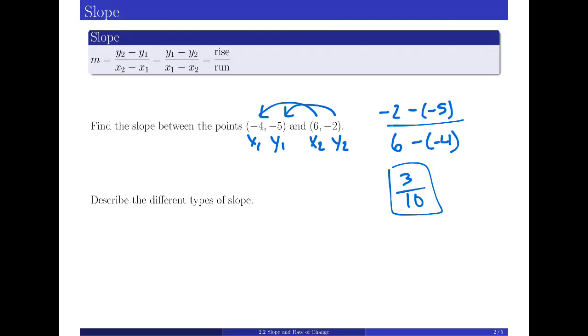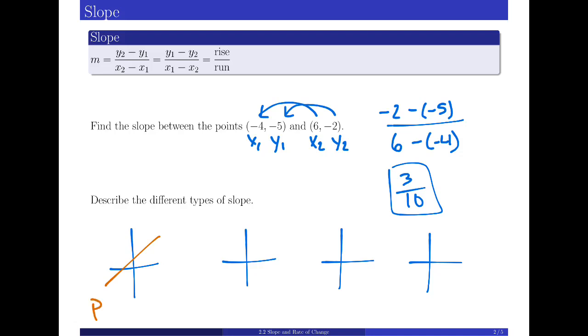So then when it comes to describing slope, there are 4 different types of slope. If we have a line that goes up and to the right, that is a positive slope. If we have a line going from left to right going down, that is a negative slope.